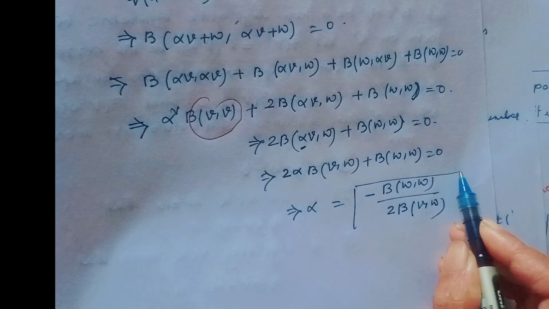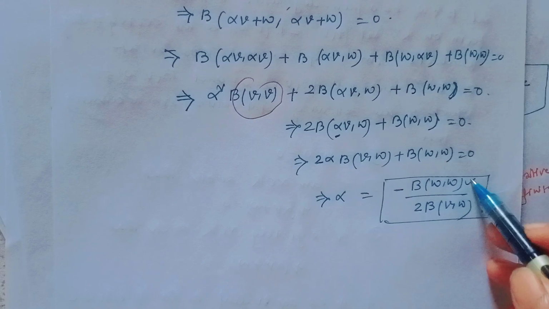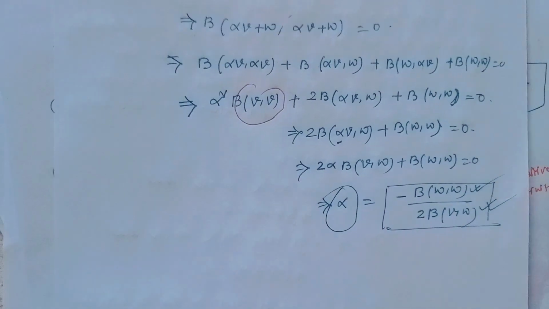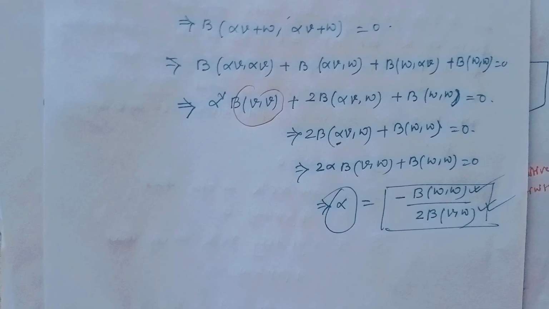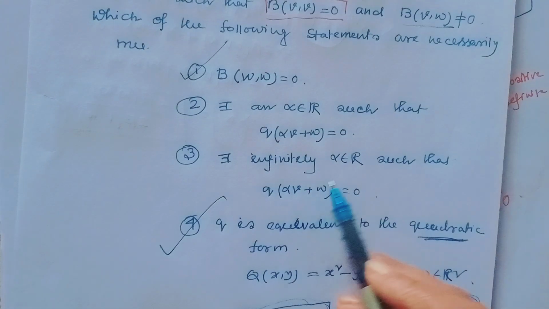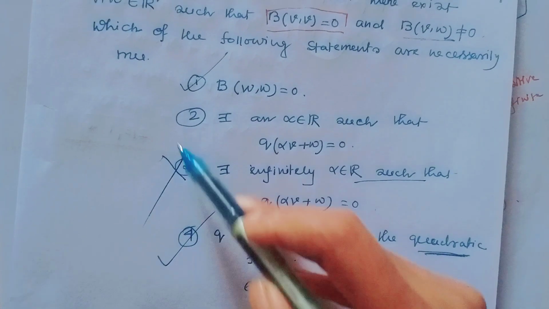This is the value, and since b of w, w and b of v, w are fixed for fixed v and w, this alpha would be one fixed number. So option 3, which says there exist infinitely many alpha, is the wrong option. Option 2 is the right option, there exists an alpha.